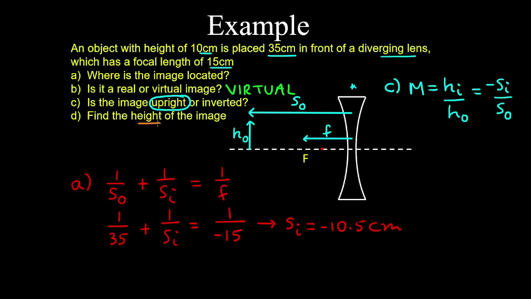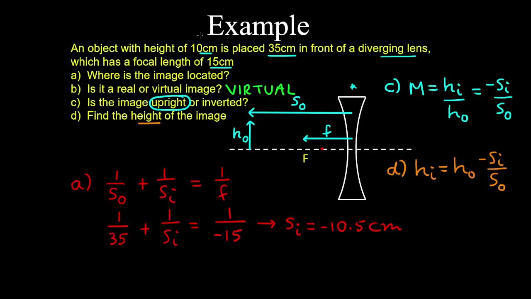And now let's find the height of the image. So if we solve this equation for HI, we have HI is the height of the object by the negative of the distance to the image on the distance to the object.